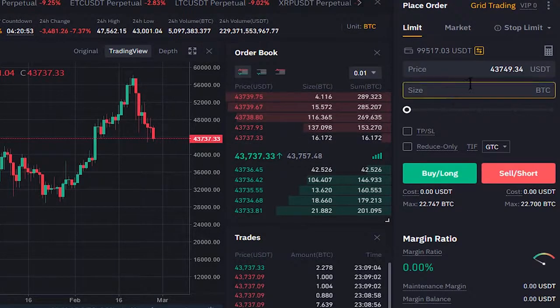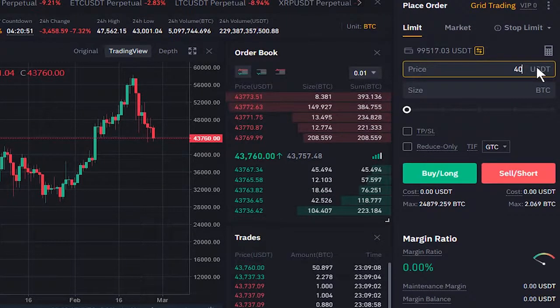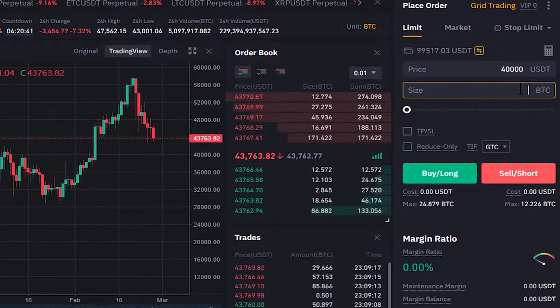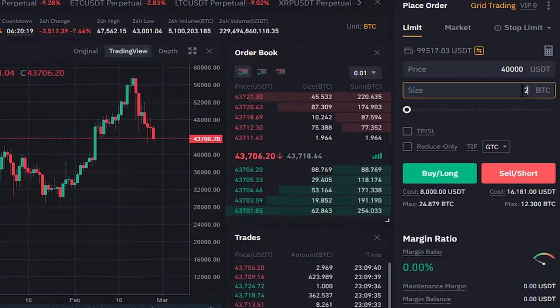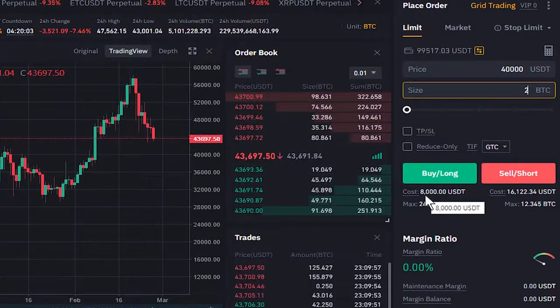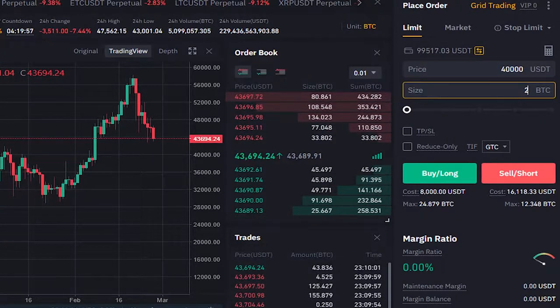So here we set the price to 40,000. We enter 2 in the size, and pay attention that this order tells Binance that you must buy 2 Bitcoin at 40,000 or a better price. And here you see that 2 Bitcoins at 40,000 costs 8,000 for us because we are using a leverage of 10.